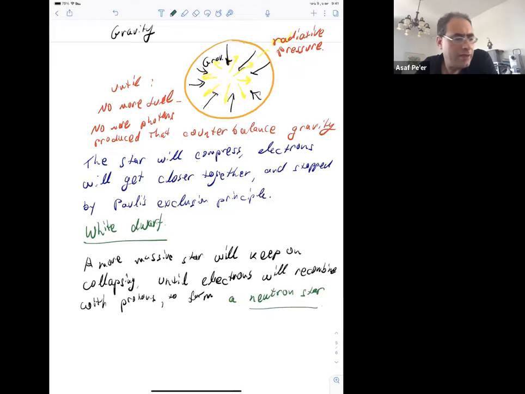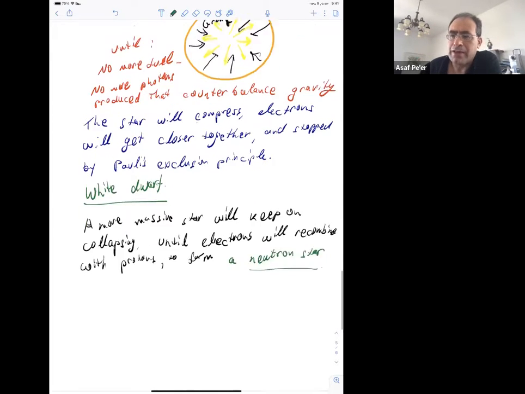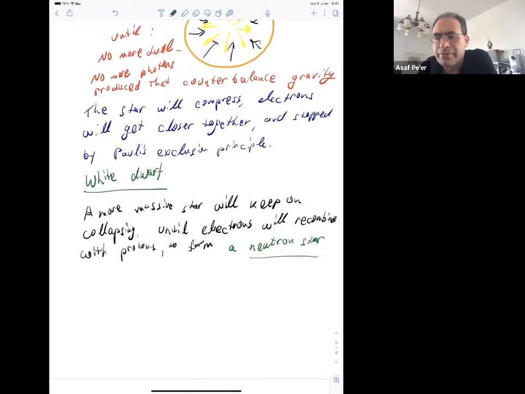If you start with too much mass, more than even the neutron degeneracy pressure can handle, then nothing can prevent further collapse, and you end up with a black hole.